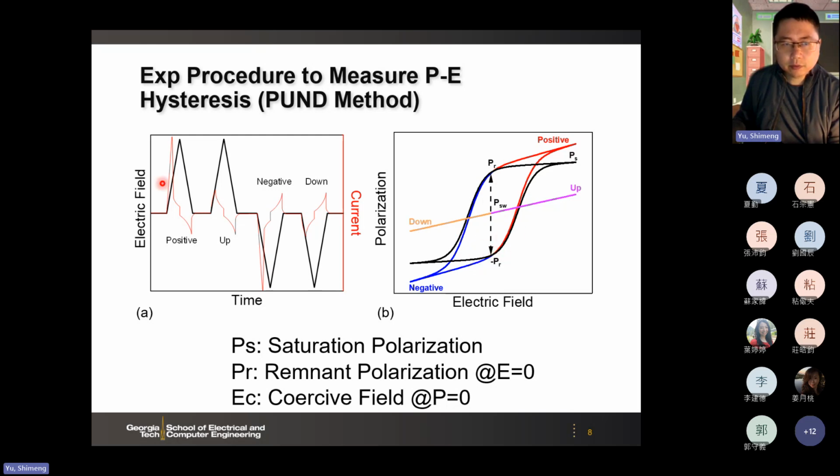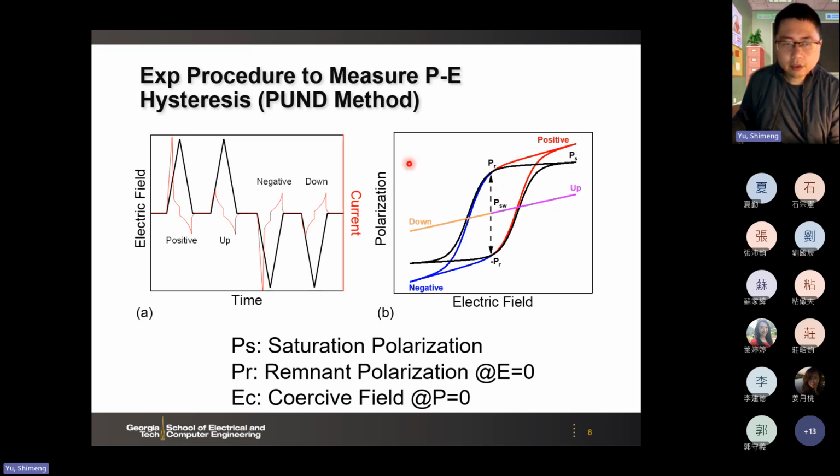So first, the positive sweep will create this red curve. So here you get the current, and if you integrate the current with time, current times time will be charge. So if you integrate that, you get the polarization switching.